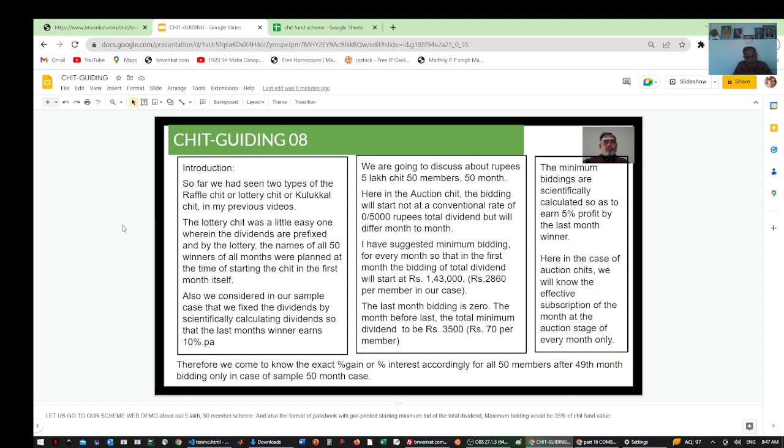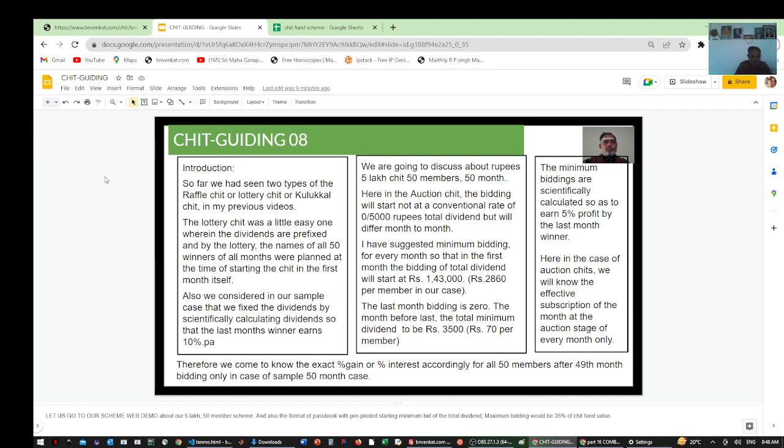Here in the case of auction chits, we will know the effective subscription of the month at the auction stage of every month only. Therefore, we come to know the exact percentage of gain or percentage interest accordingly for all 50 members only after the 49th month bidding, in the case of our example 50 month case.